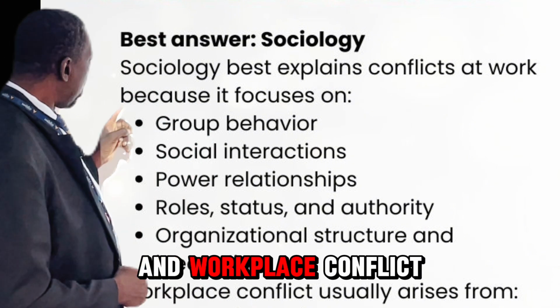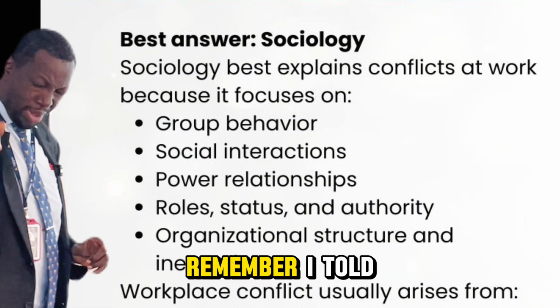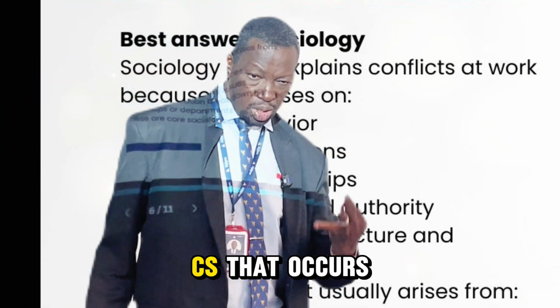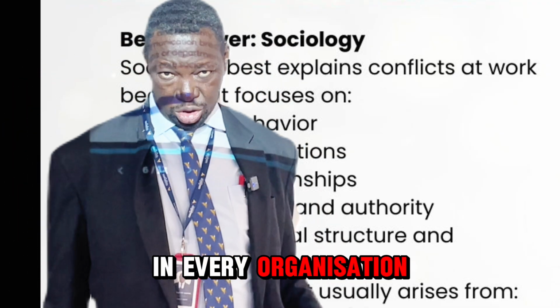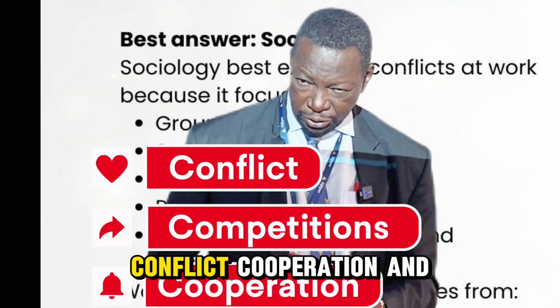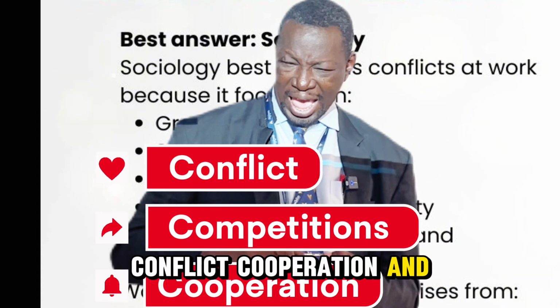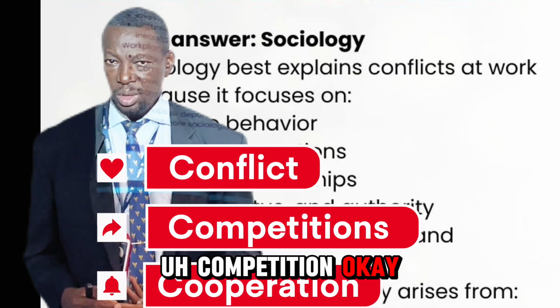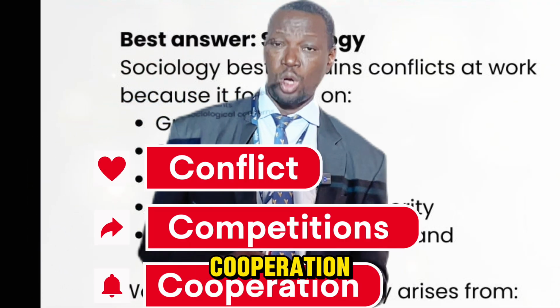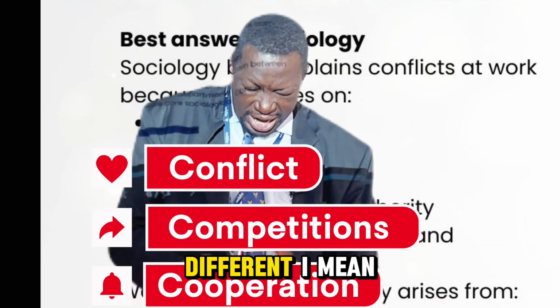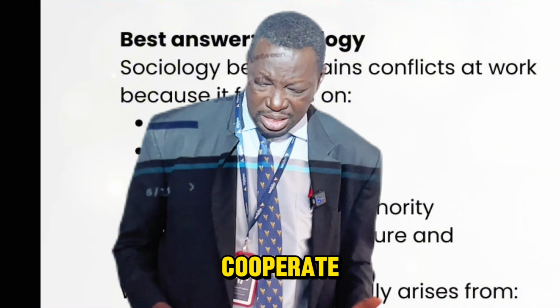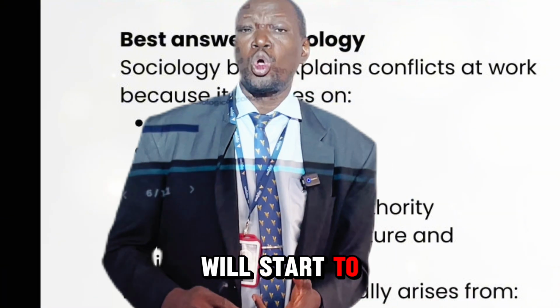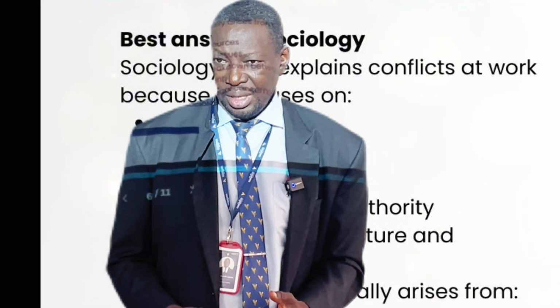And workplace conflict, remember, I told you there are 3 C's that occur in every organization: conflict, cooperation, and competition. In most cases, it starts with cooperation. Different departments will cooperate, but later they will start to compete among themselves.